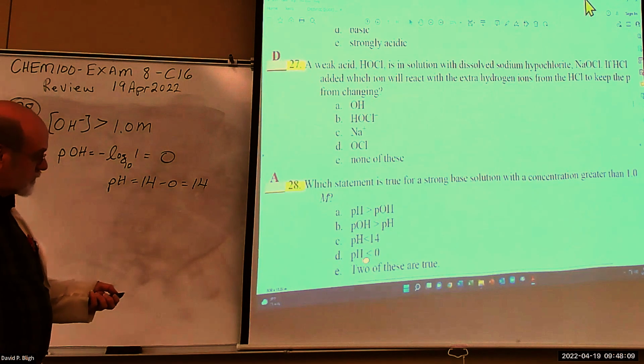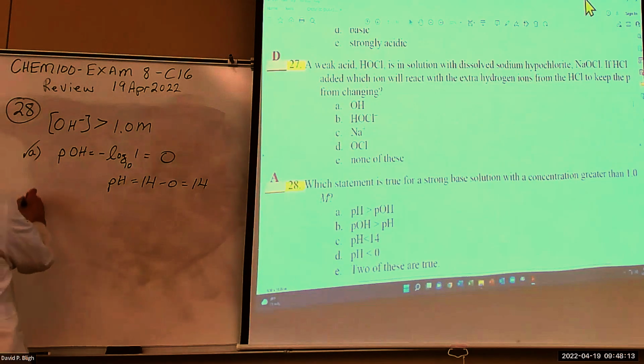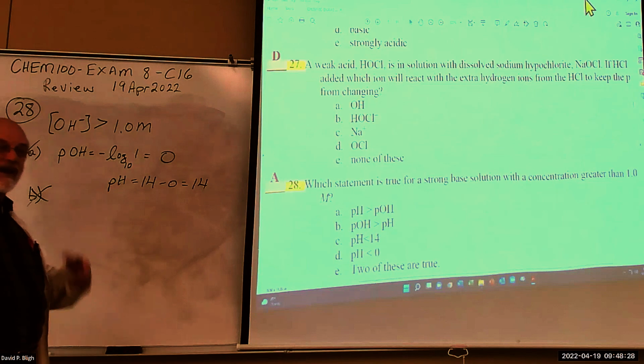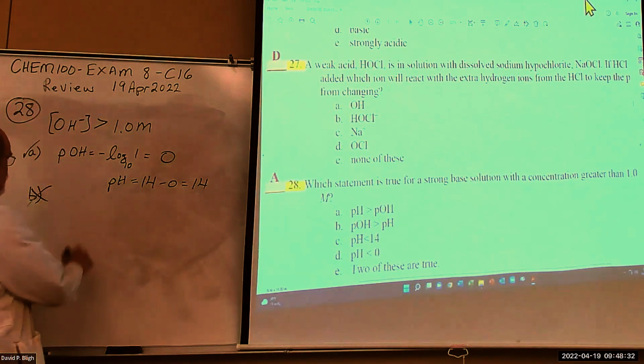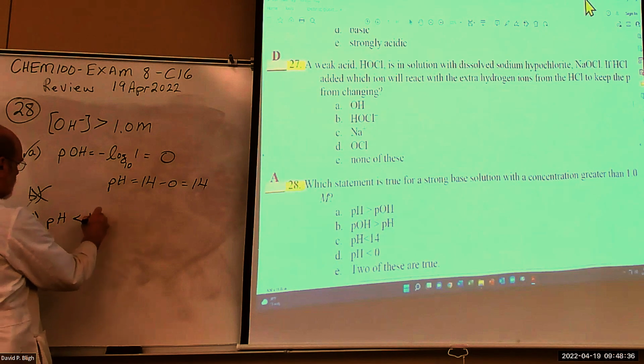All right, notice we have 2 of these are true, so we got to look at the others also. pOH is greater than pH. Well, you can't have it both ways, right? It's either one's bigger than the other or the other is bigger than the one. So B can't be true. A and B cannot both be true at the same time. How about pH is less than 14?